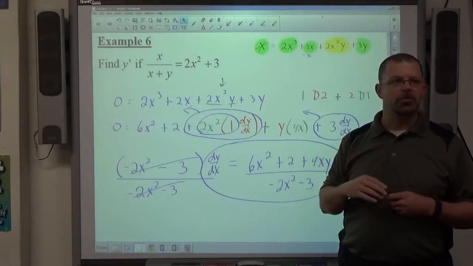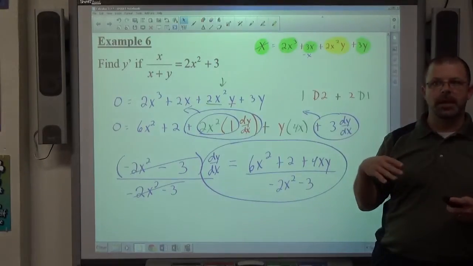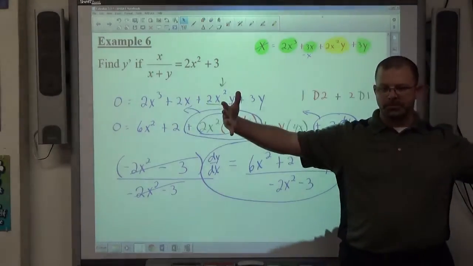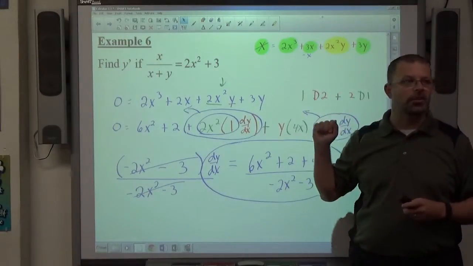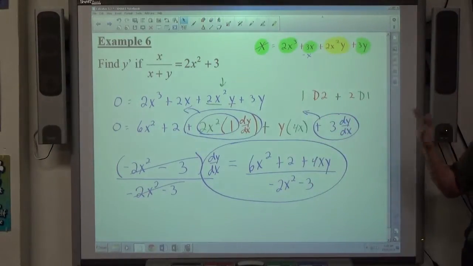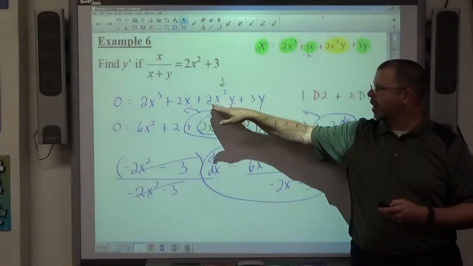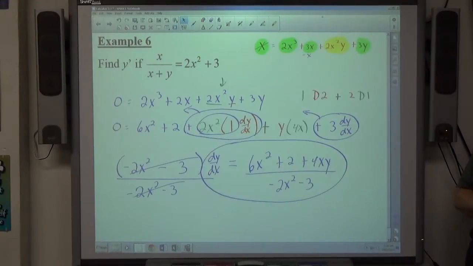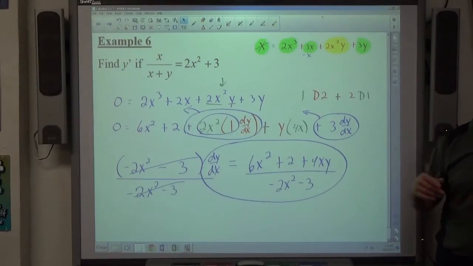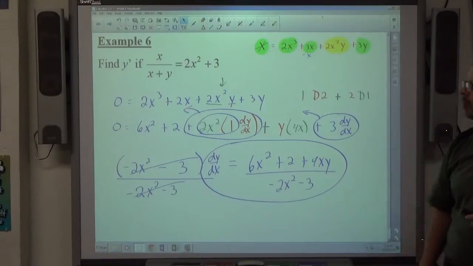Is there some way to cross multiply or get the thing out of there? Or if it's like this big function with fractions in it, multiplying by a common denominator to get rid of those fractions is legal. You can do that. And it can get you down to just a level where product rule is happening. In my opinion, product rule is a lot easier with implicit differentiation than the quotient rule is. I think at times it's unavoidable, but if you can make it happen, it's worth doing.